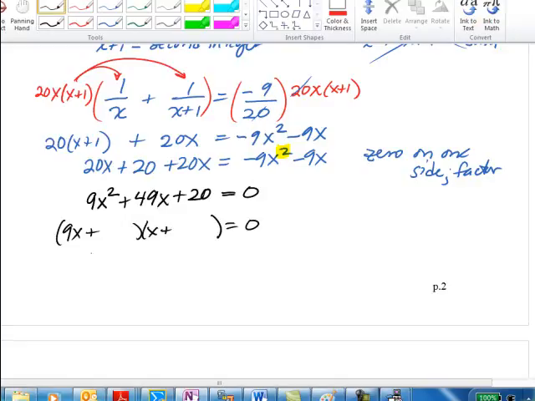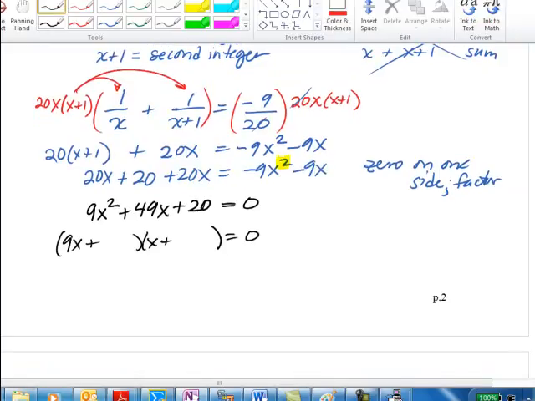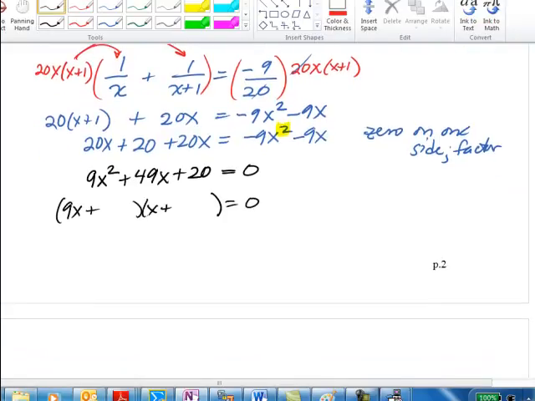So if we work on this, let's see if we have a 9x and an x. The only reason I was hoping that this will work is because I know my answers are supposed to be integers. And if I have a coefficient that's not 1 on both of these factors, neither of them is going to be an integer. So what I'm doing is just the 9x and the x, and I'm hoping that that's going to give me at least one integer solution for one of these factors.